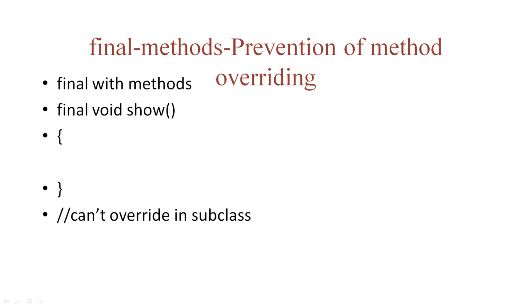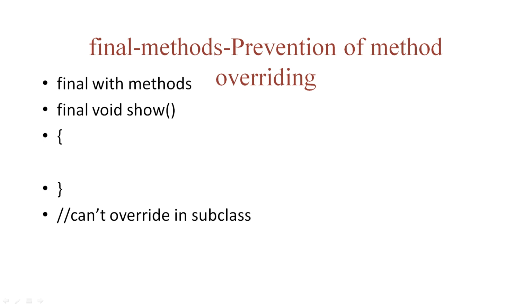And what is the next one? Final with methods. Whenever we have declared a method with a method signature, return type, method name and parameters, here no return type, void, and no parameters. In front of this method signature, if you define the final keyword, this method will be inherited to the subclass, but it can't be overridden in the subclass.